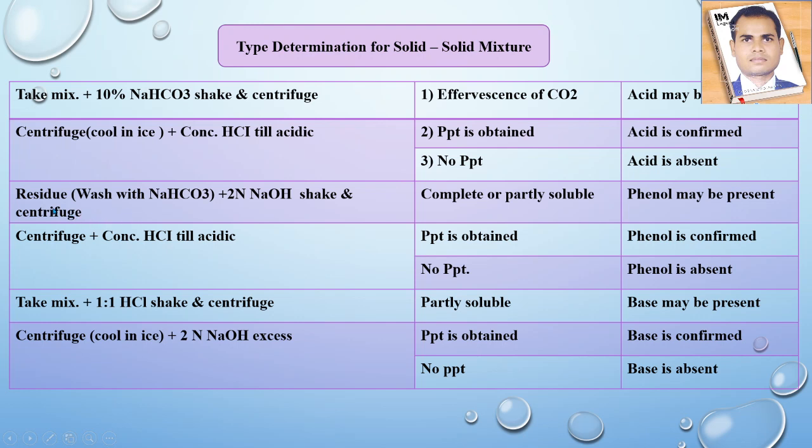After that, the residue is washed with sodium bicarbonate. In that residue we add 2 normal NaOH, shake and centrifuge it, and the residue will be completely or partially soluble after addition of NaOH. If it is partially or completely soluble, we can say phenol may be present.